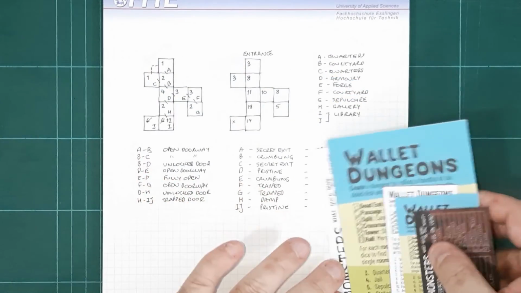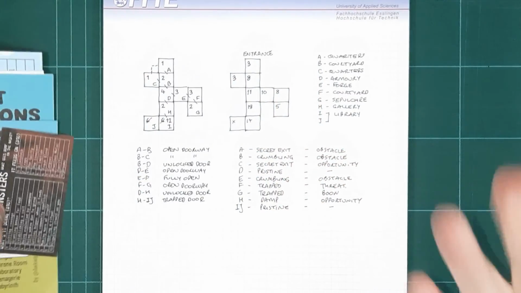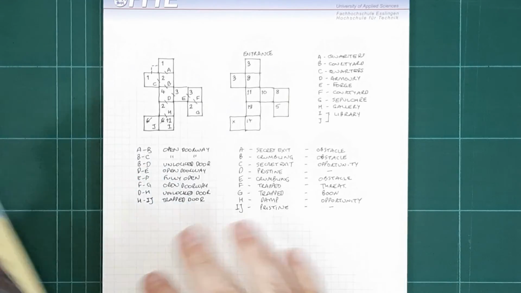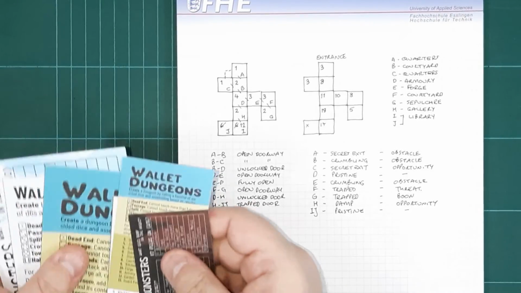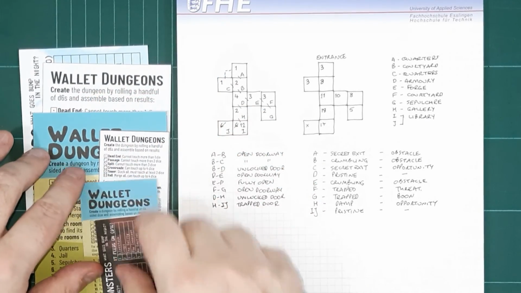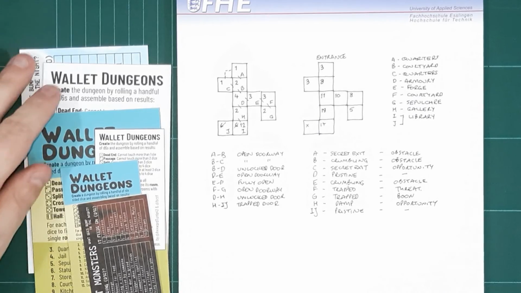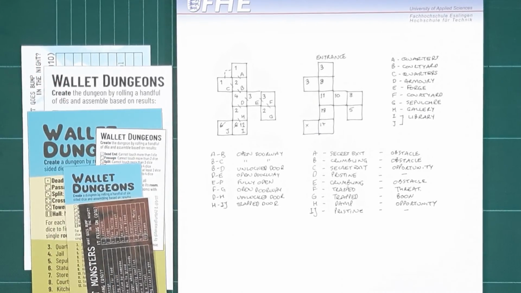But they are, I don't know, I just find them extremely useful if you just need to come up with a dungeon on the fly. Let's say, for example, you're running an RPG and your players decide to go their own way. You know how it is sometimes. They don't follow what you've planned. All those hours writing something and designing something and they go in completely the wrong direction.